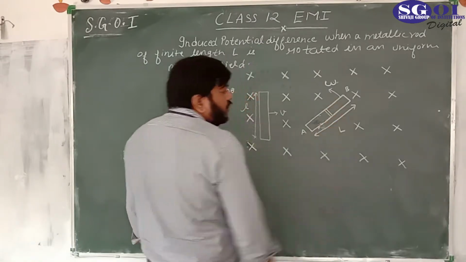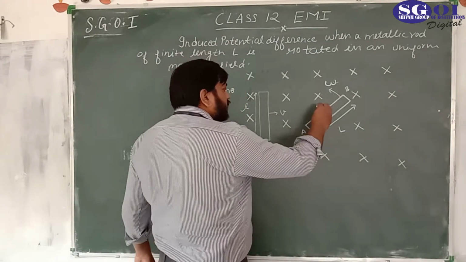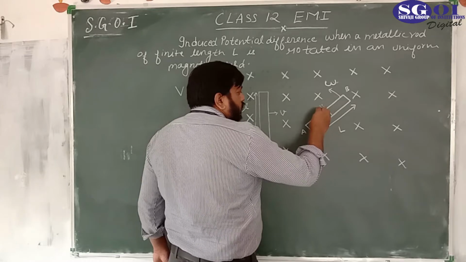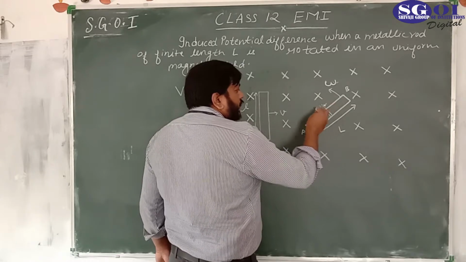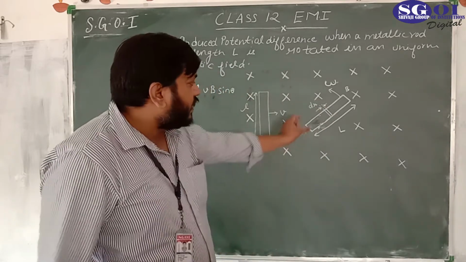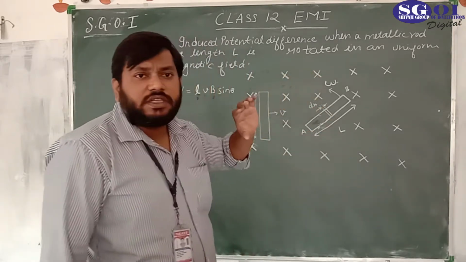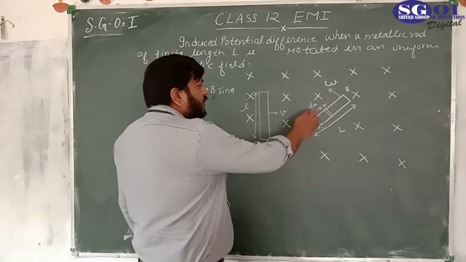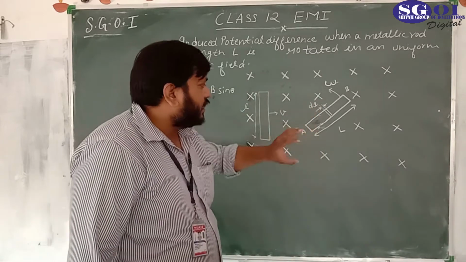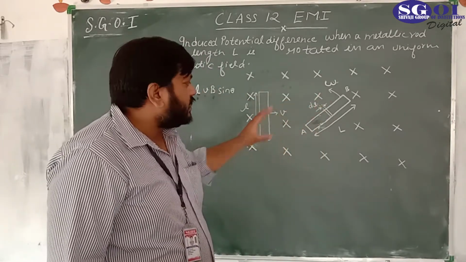If we take a very small length element, and the length of this part, let's say dx, a differential length, very small, then for simplicity we can say dl. Differential length, a very small length of this particular conducting wire we are considering.